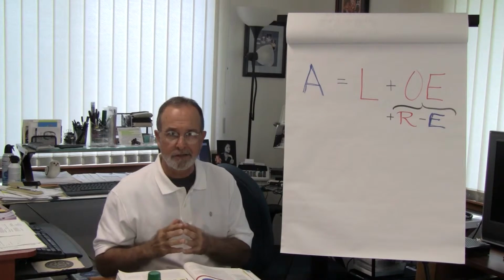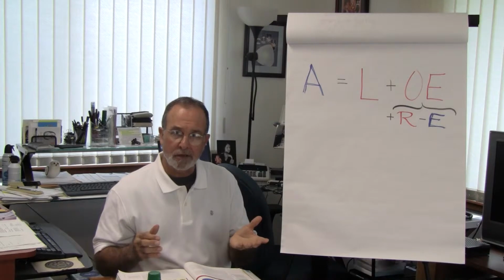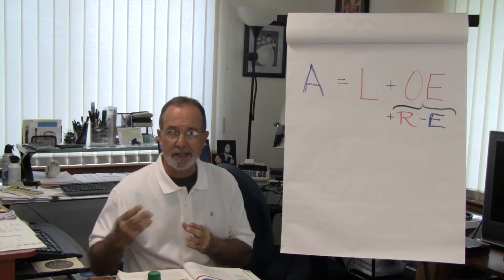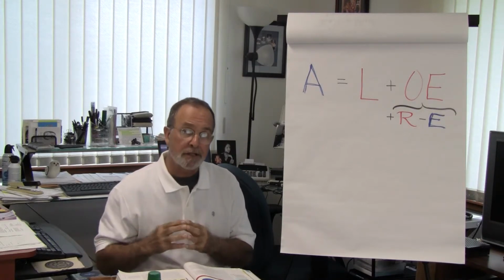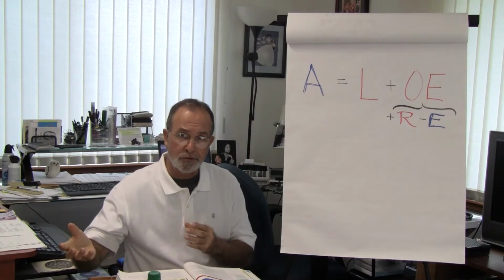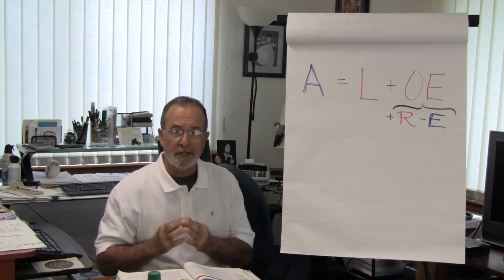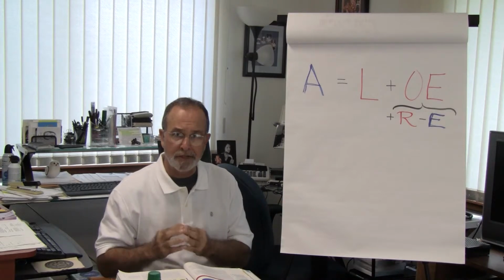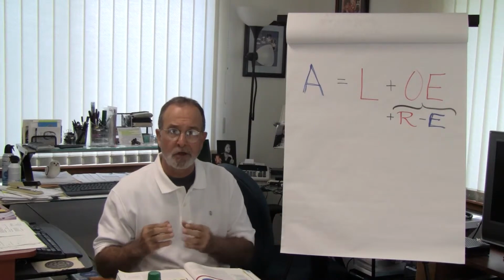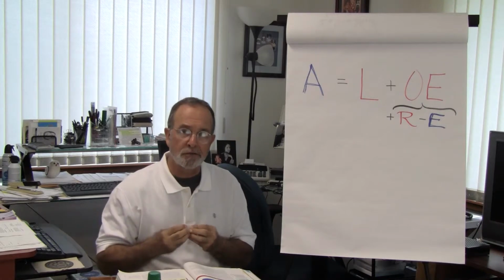So we need to buy assets. You can finance it by taking on debt, taking out a loan, or you can finance it by selling equity interest, or in the case of a corporation, selling stock to owners or to potential owners of the corporation. So you can finance your operation or finance your investments either by borrowing, which would result in a liability, or by selling equity interest, which would result in an increase in owner's equity.